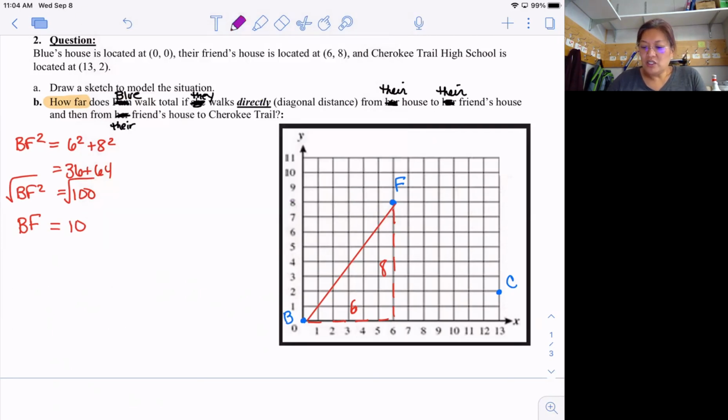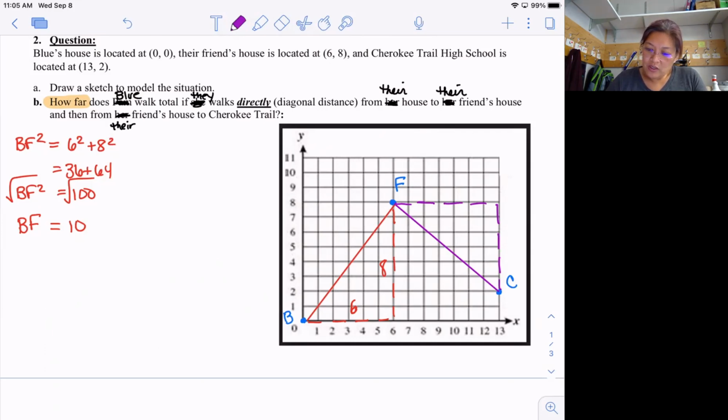After we find the distance from Blue to the friend's house, from the friend, where are we heading? Yep, from the friend, we are heading to Cherokee Trail. So now we have another triangle that helps me find the distance from the friend's house to CT, this FC.